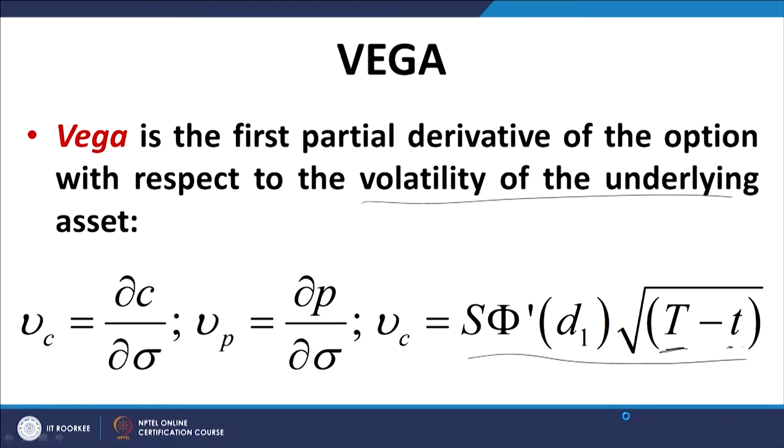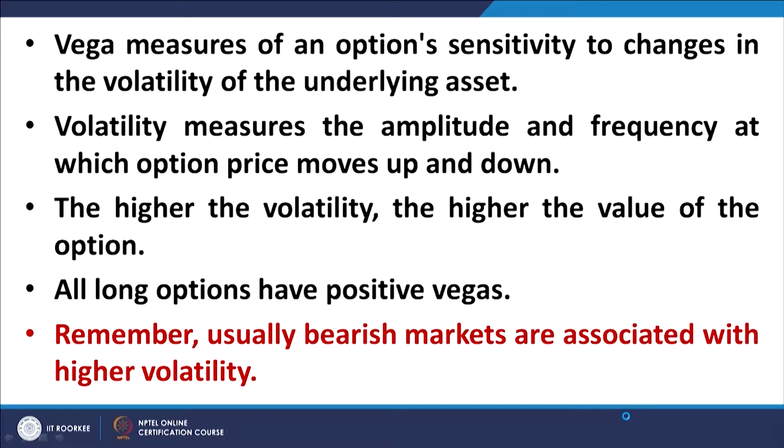The higher the volatility, as you can also see mathematically, the higher would be the value of the option, because d1 is a monotonic increasing function of sigma, and phi of d1 is a monotonic increasing function of d1.